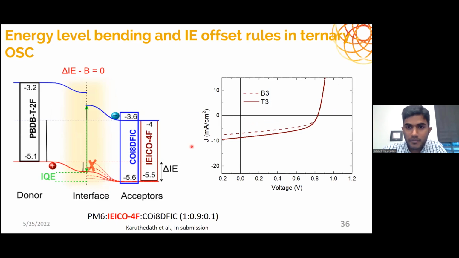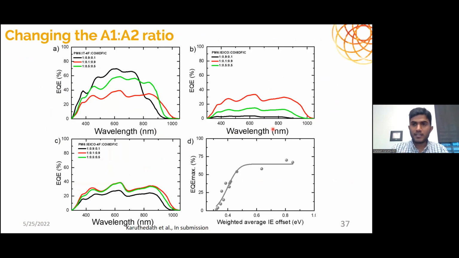So in this case, again, very similar, it didn't improve well. But to prove our concept that the average IE offset controls the efficiency, we changed the donor, acceptor 1 to acceptor 2 ratio, from 0 to 10% of IT4F, adding more IT4F to the poorly performing IICO, in panel B. You can see that when you have less IT4F, the external quantum efficiency is low, but when you have more IT4F, it increases, even in the part where IICO absorbs, which means that there is charge generation from the IICO side.